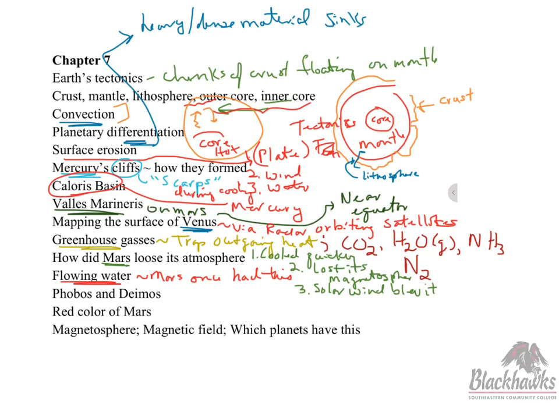Okay, so in green there, I say it cooled quickly because it's smaller. It lost its magnetosphere because it was cool, and then the wind blew away the atmosphere.